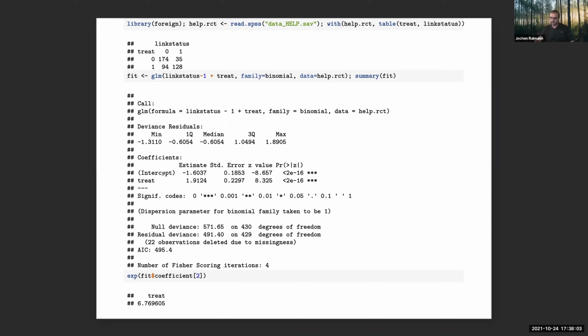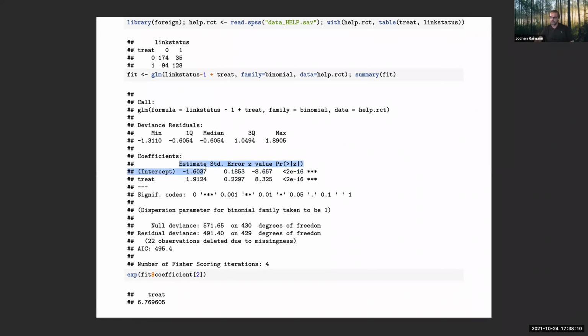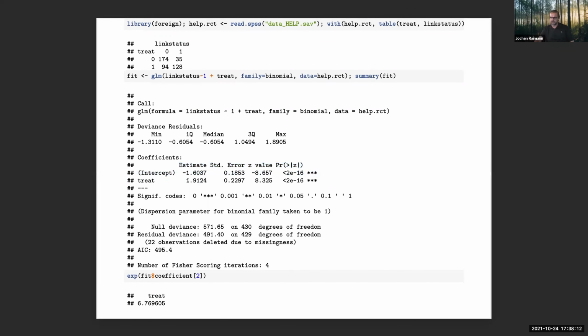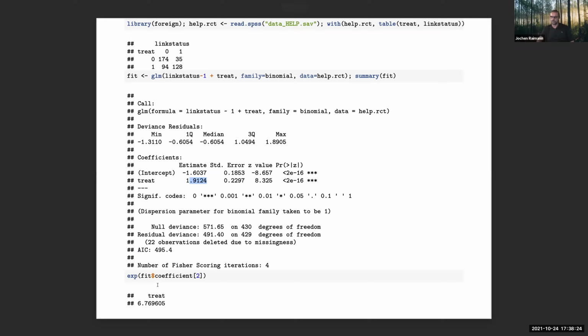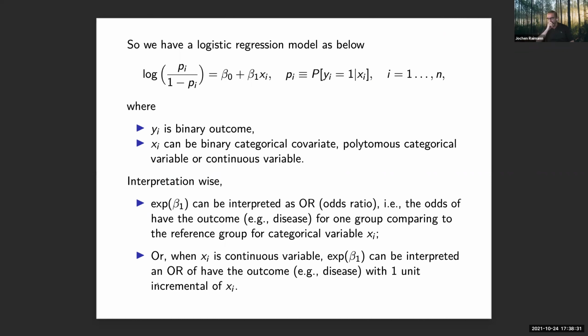If you look at the fit coefficients, you basically get the estimate for the treatment variable. You exponentiate this, you get 6.77, just exactly as the one we calculated here. So logistic regression does allow you to quantify the odds ratio just in the same fashion you would do it in a 2x2 table, and it's usually quite accurately reflecting the odds ratio.